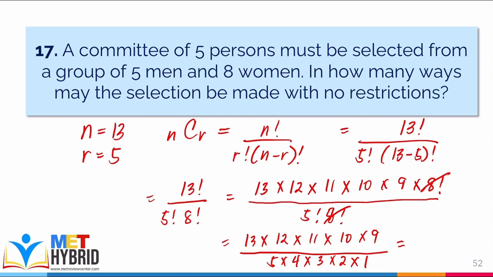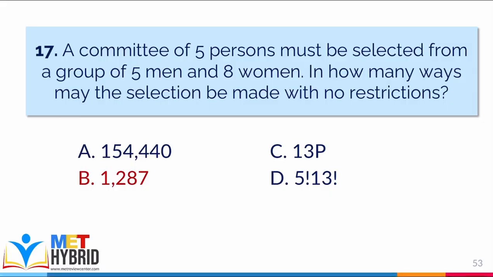Simplifying, we will have 1,287. The answer is letter B.